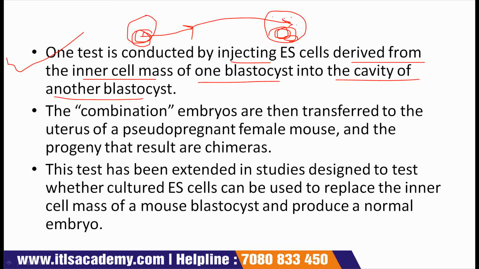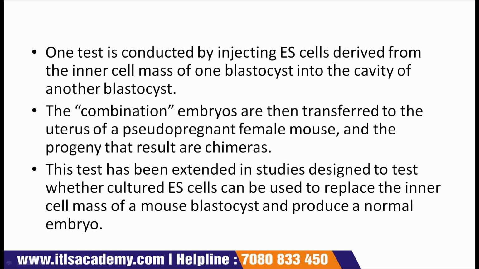So let's see what was the result. The combination embryos are then transferred to the uterus of a pseudo-pregnant female mouse, and the progeny that result are chimeras. What did this particular transfer result in?